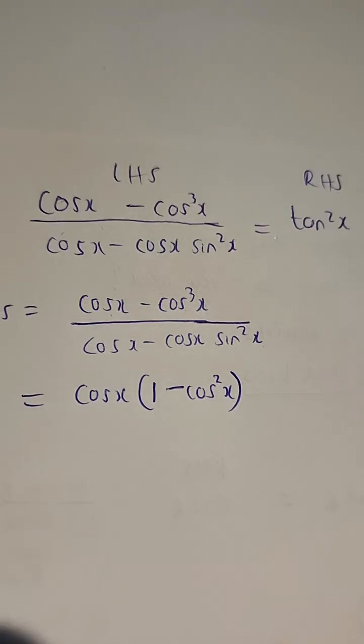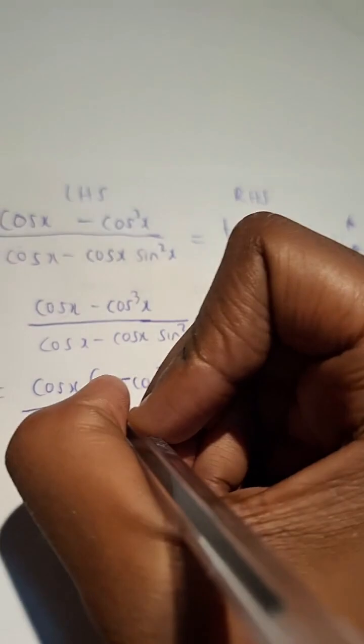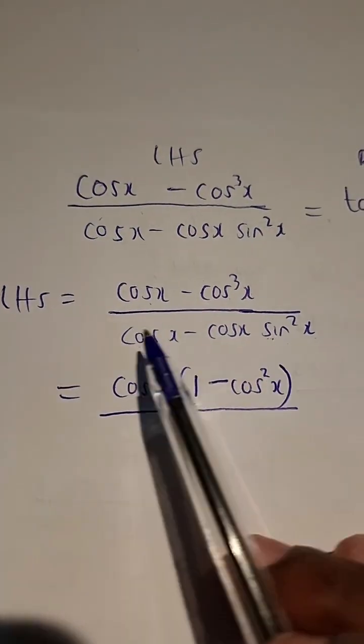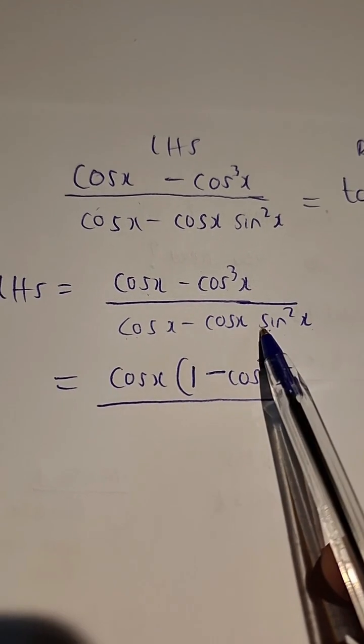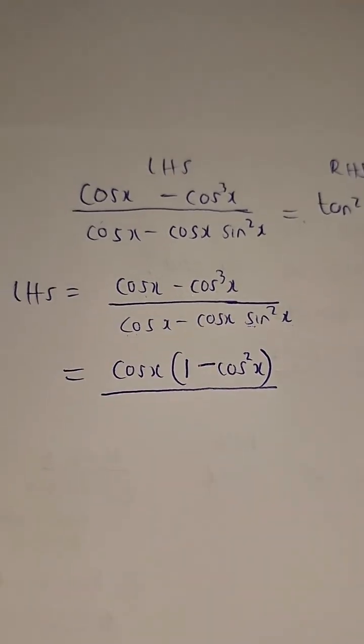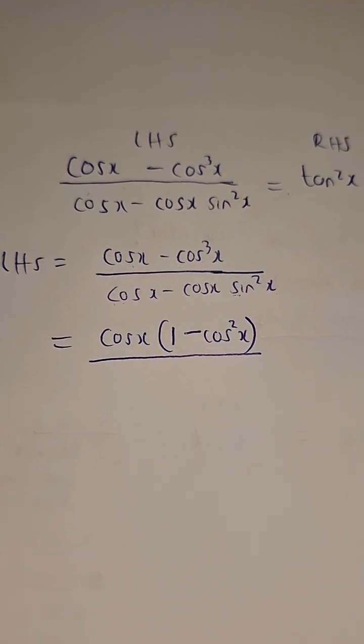Then we go to the denominator. If we look at these two, factorization can be done. Highest common factor: another cos x.